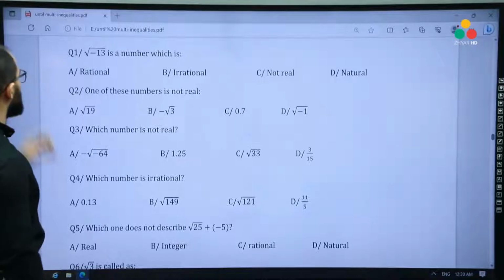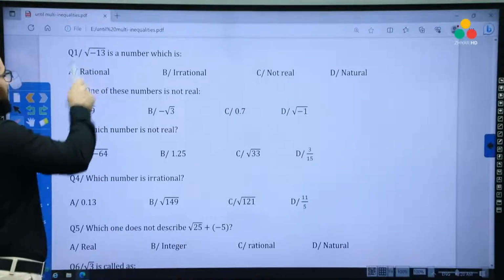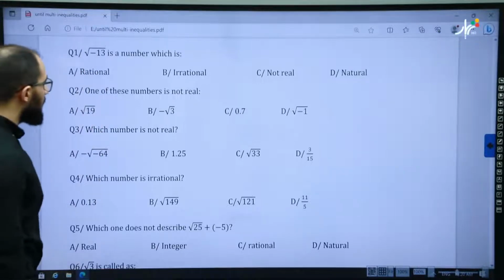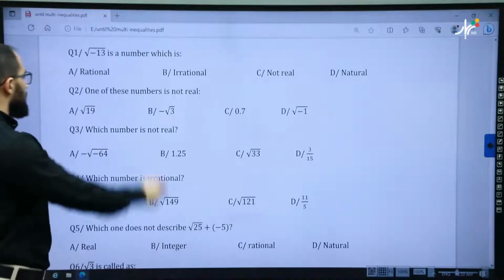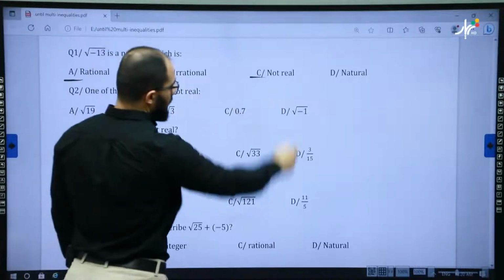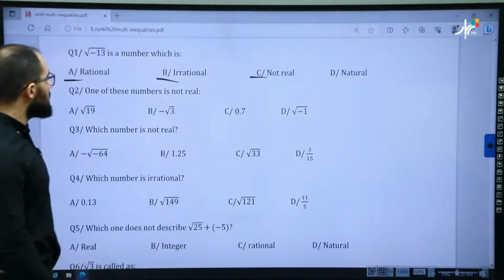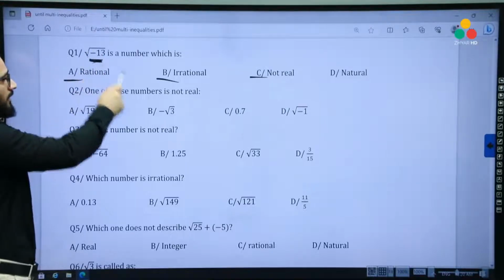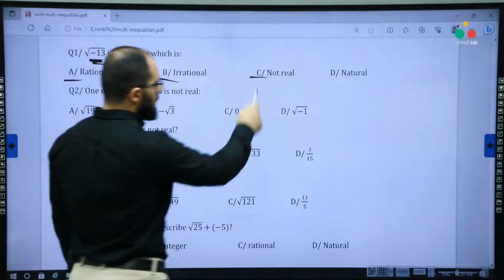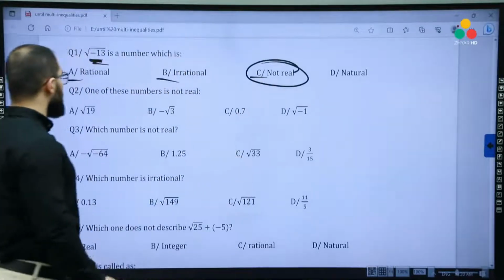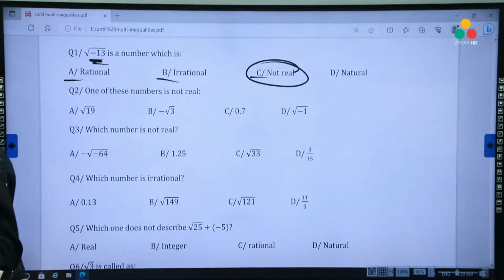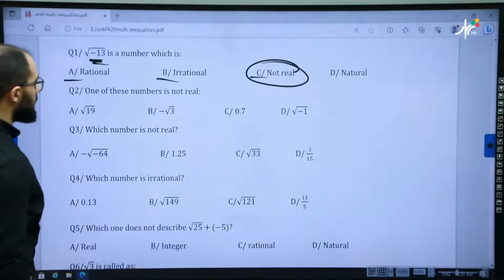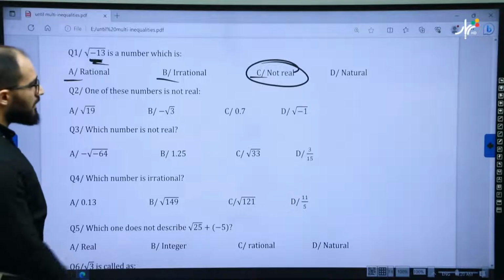Okay, so finally we reached the questions. The first question is the negative square root of -13 is a number which is what? Rational, irrational, not real, or natural. Because we have the square root of a negative number, it is not real. Then the next question, one of these numbers is not real.